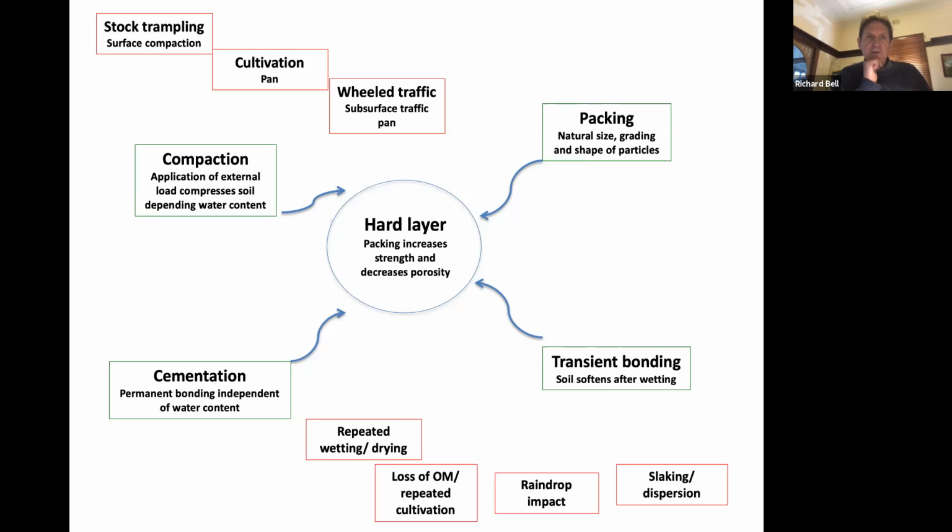Then we've got compaction. This is where there's external load, or the weight of machinery usually, but also animals, which compresses the soil depending on their water content. Apart from the weight of the vehicles, which usually results in subsoil traffic pans or compaction, you've got the effect of cultivation itself, which can lead to plough pans.